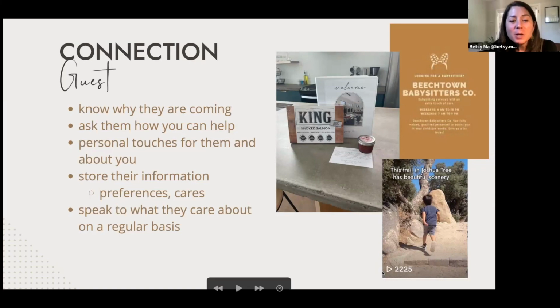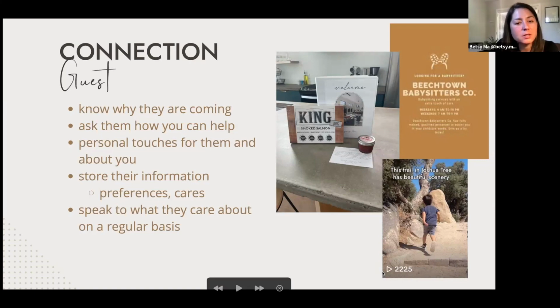So if you know how you can help, it really helps lock in a solid experience and make sure that they are actually going to stay and have an enjoyable experience.